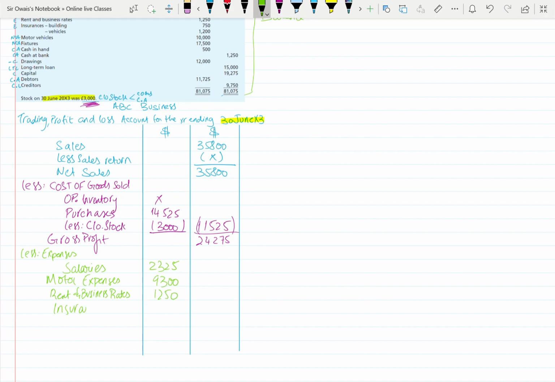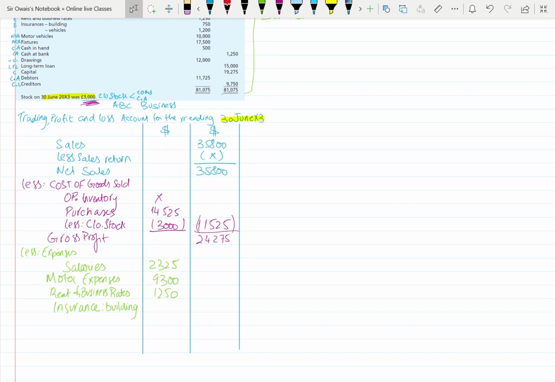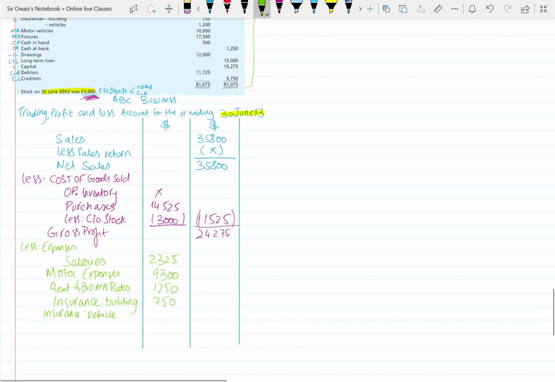Insurance of building, 750. Insurance of vehicle, that is 1200.